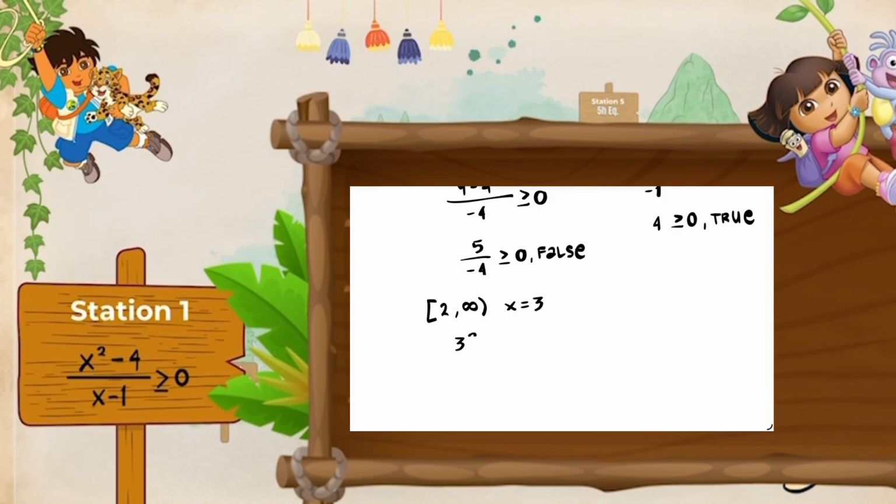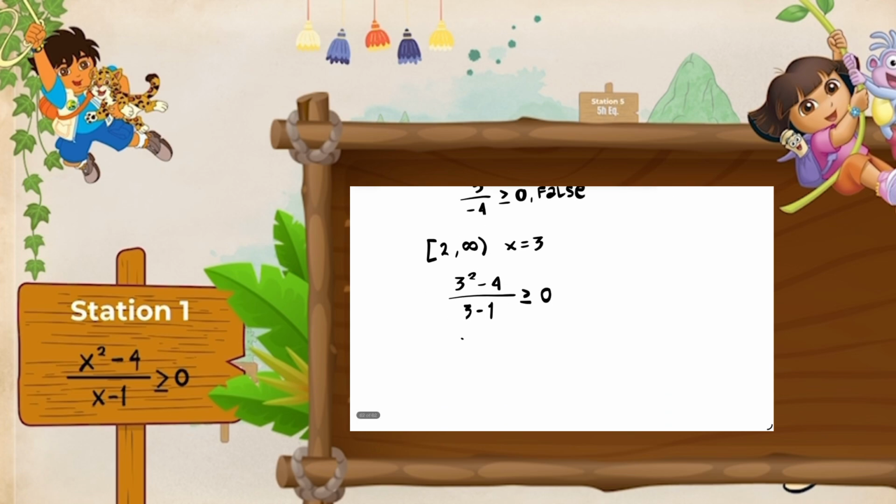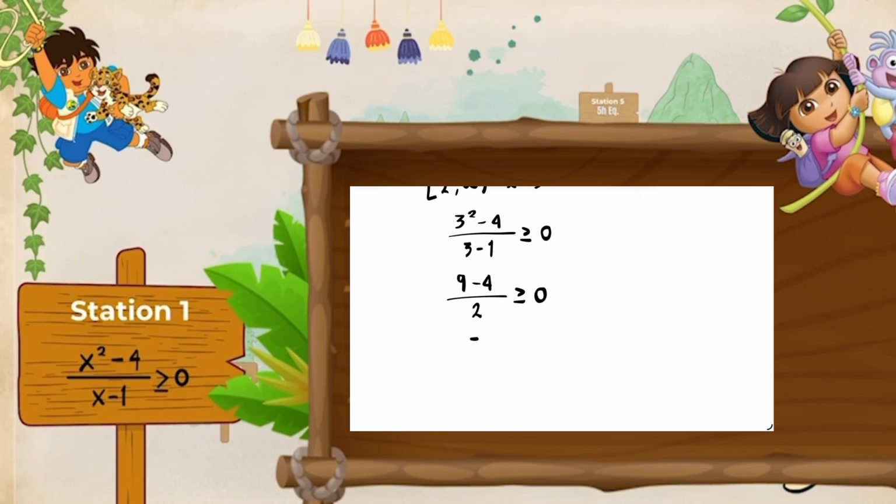So 3 squared minus 4 over 3 minus 1 is greater than or equal to 0. 3 squared is equal to 9 minus 4 over 3 minus 1 is 2, greater than or equal to 0. 9 minus 4 is 5 over 2, and 5 over 2 is a positive number, and a positive number is greater than 0, so it's true.